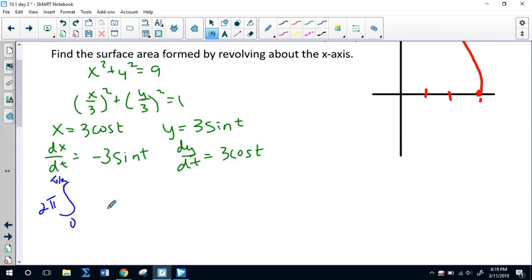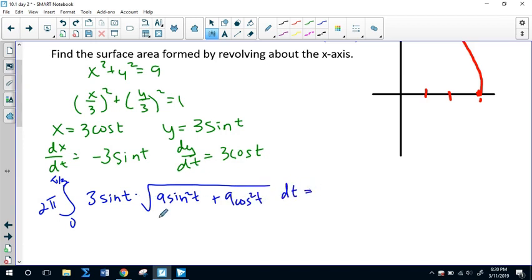And then because we're revolving around the x-axis, we want the y. So that was 3 sine. And then I'm going to multiply this by the square root of (3 cosine t) squared plus (3 sine t) squared, and I get 9 sine squared and 9 cosine squared added together under the radical.